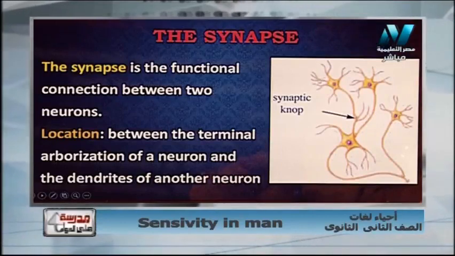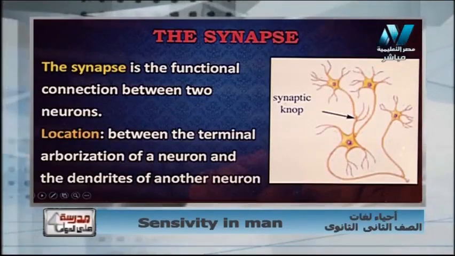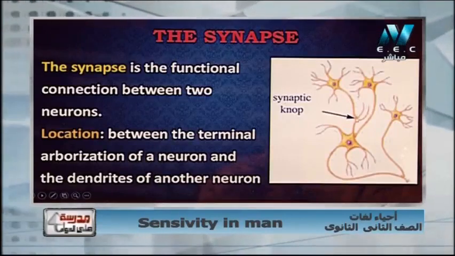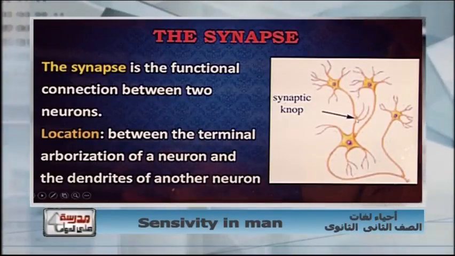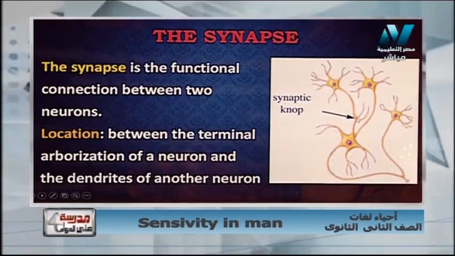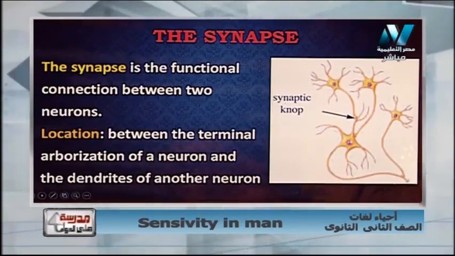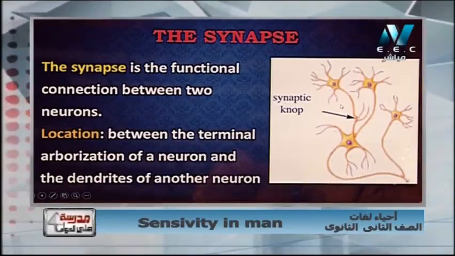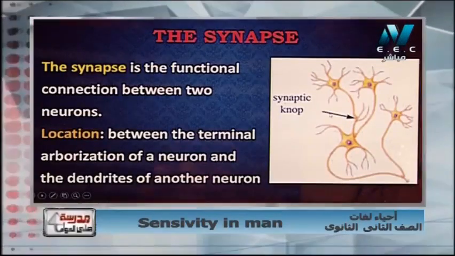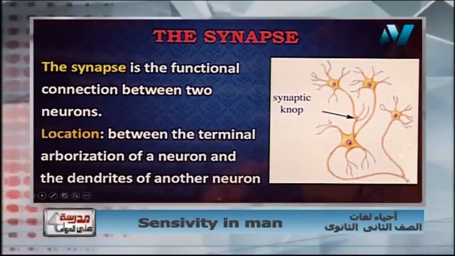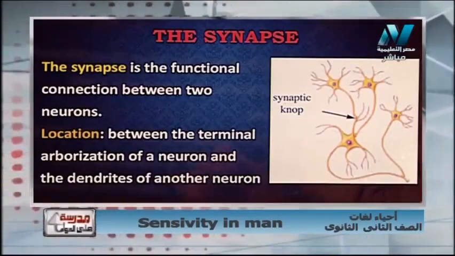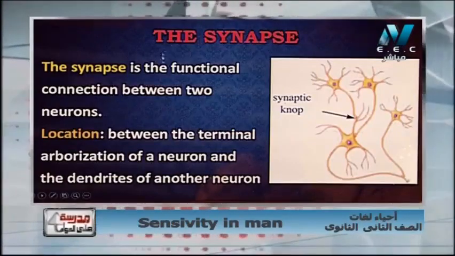So we have this neuron, which starts by the cyton and then the axon, and the axon has terminal arborization, which comes very close to the dendrites of the next neuron. And this is called the synapse. The location is between the terminal arborization of a neuron and the dendrites of another neuron. This is the synapse.